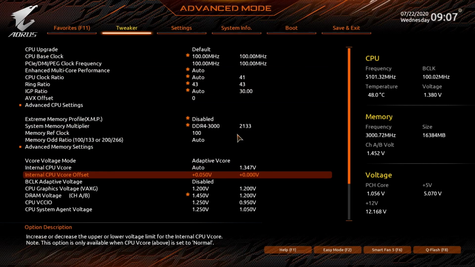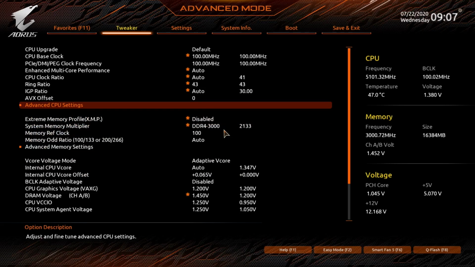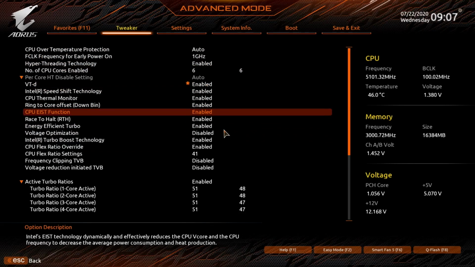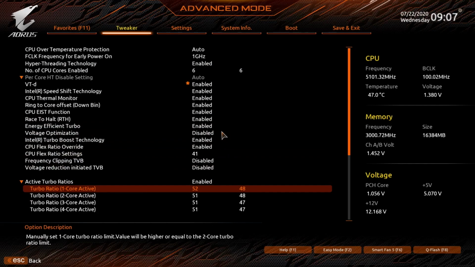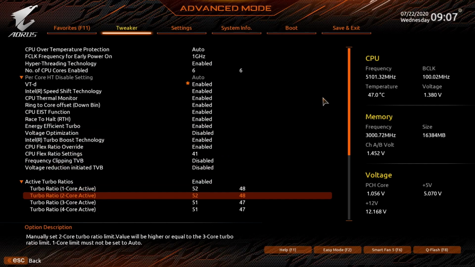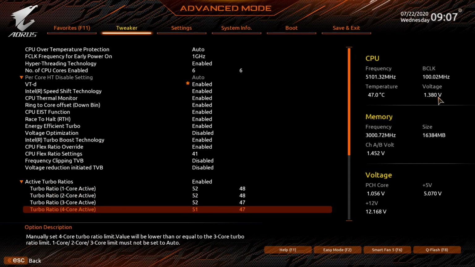Probably going to need a little bit more voltage then. Let's try 0.065. Okay, we'll try 52.